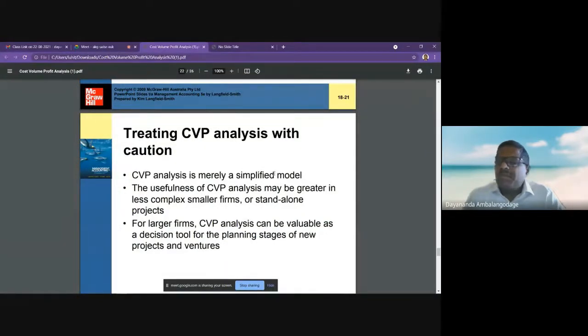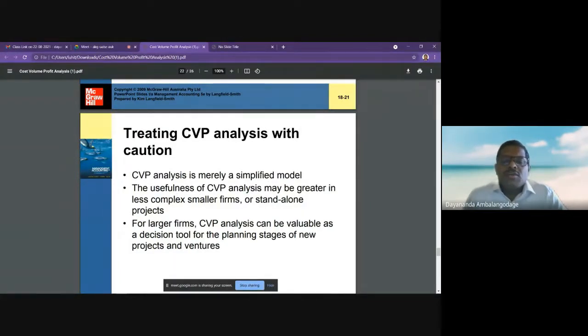It's a very simplified model, because we are in a dynamic environment. In this dynamic environment, we only assume that all other variables are constant, and selling price, unit cost and sales volume are the only important ones. So all other factors remain constant. That's why it's a simplified model.